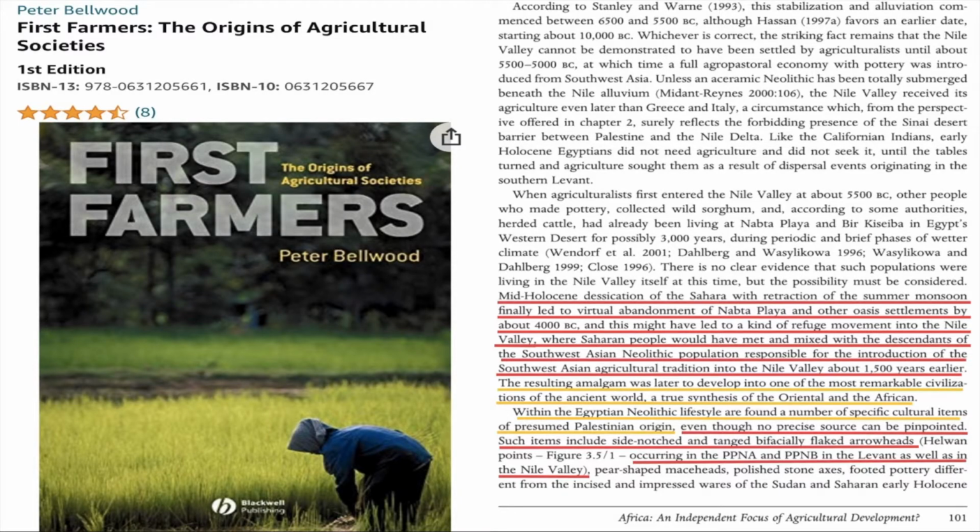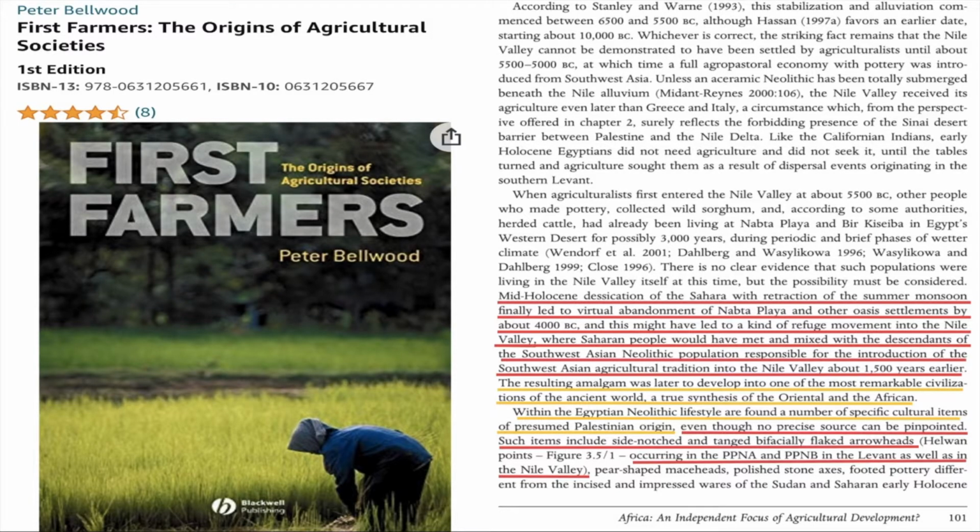Such items included side-notched and tanged bifacial flaked arrowheads occurring in the PPNA (Pre-Pottery Neolithic A) and PPNB (Pre-Pottery Neolithic B) in the Levant as well as in the Nile Valley. So basically, to sum this up, Saharan people would have mixed with Neolithic Levantines, and you start to see an amalgam of this culture in the Nile Valley and in the Levant.